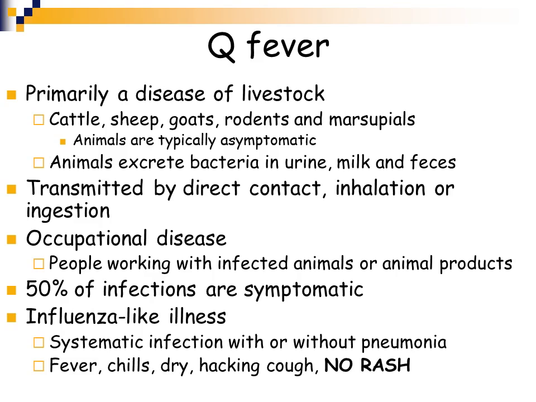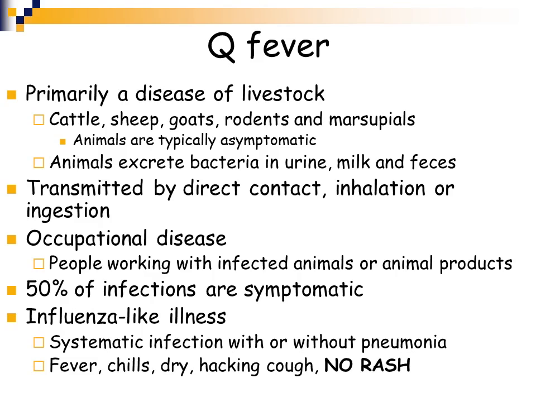So what happens is individuals get infected with Coxiella burnetii through either direct contact with an infected animal or inhalation or ingestion of infected animal products. So this is usually an occupational disease.